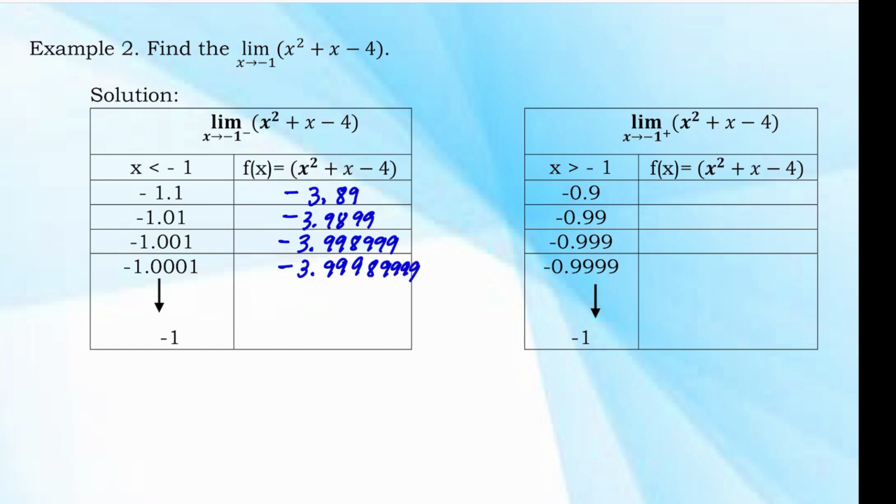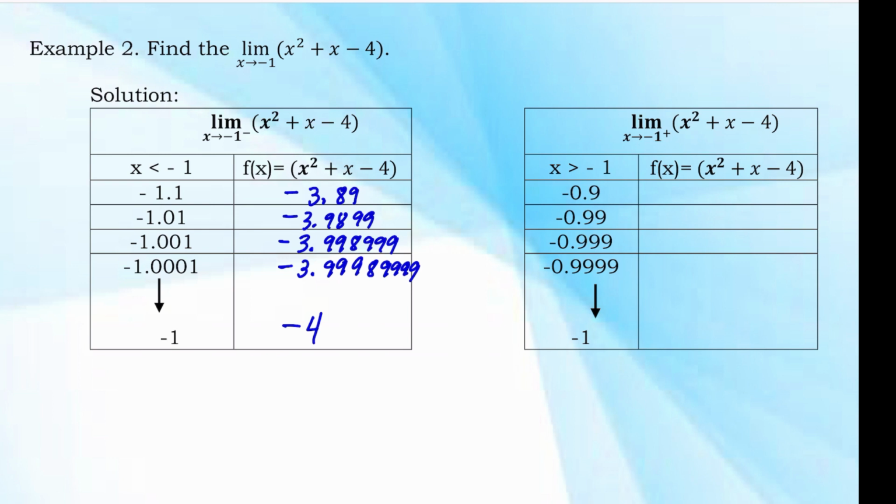As you can see, the value of the function as x approaches -1 becomes closer to -4. As x approaches -1, the function is getting closer to -4.